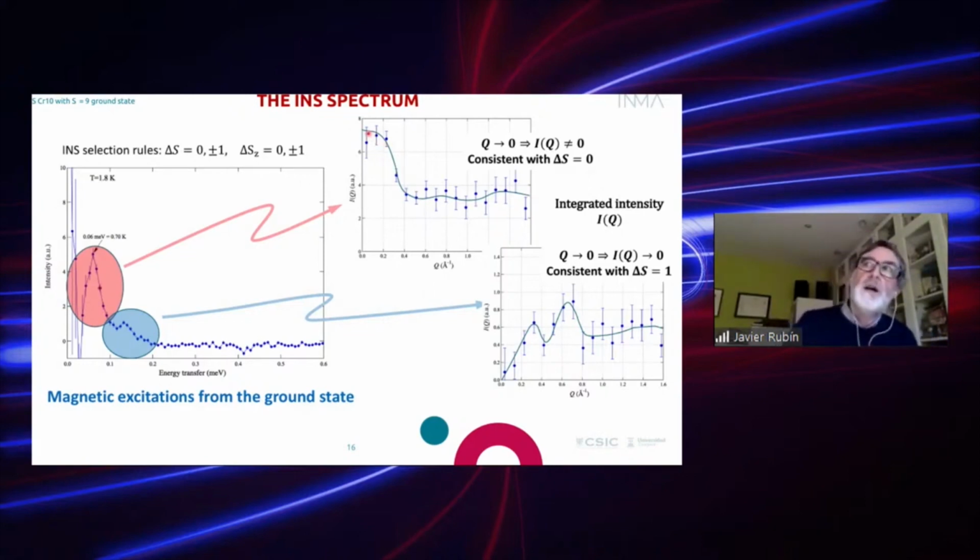In this one, for vanishing momentum transfer, we have a finite value of integrated intensity that is consistent with a magnetic excitation without the change in the spin, while in this other case, which goes to 0 for vanishing momentum transfer, we get something consistent with a change in spin.